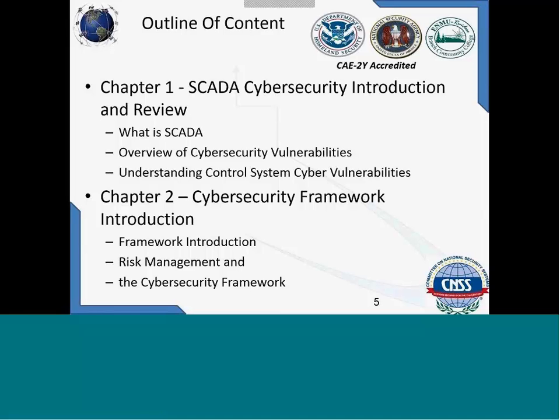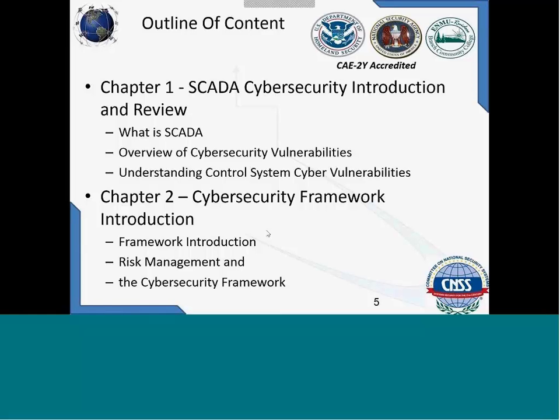When we get into Chapter 2, we're going to be looking at the cybersecurity framework introduction. Chapter 2 is based on strengthening the resilience of the infrastructure and President Obama's Executive Order 13636, improving critical infrastructure cybersecurity.